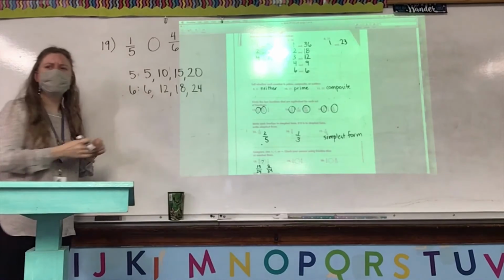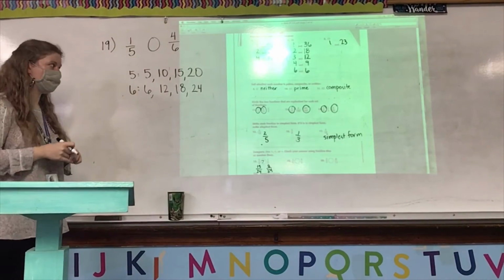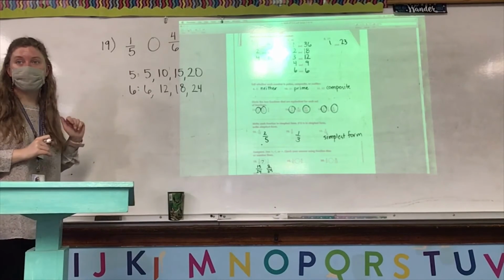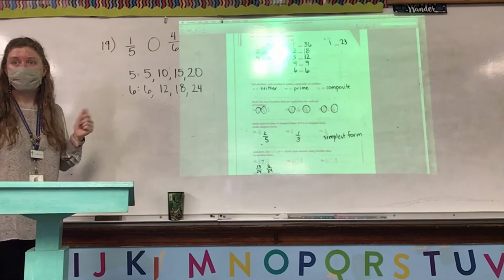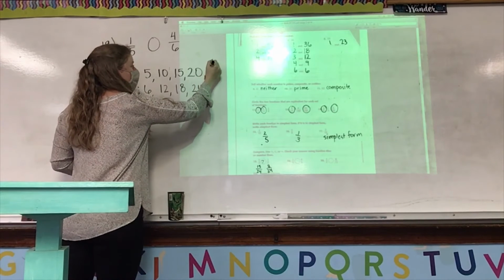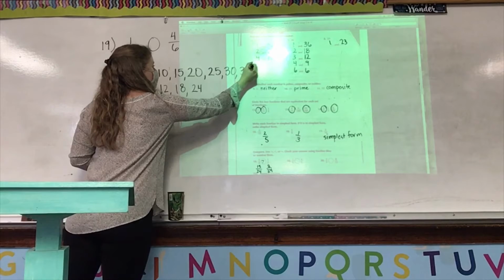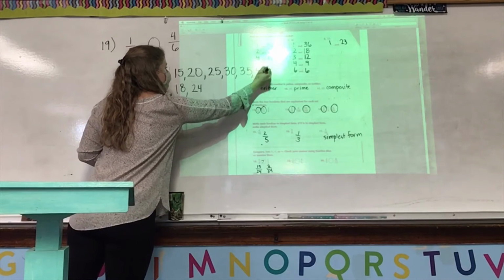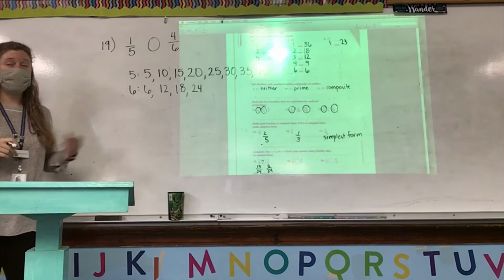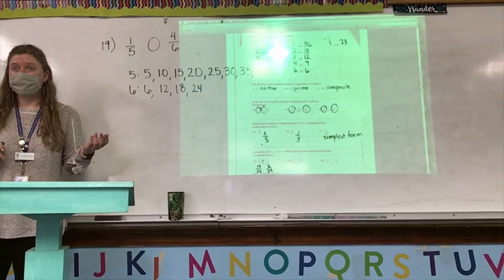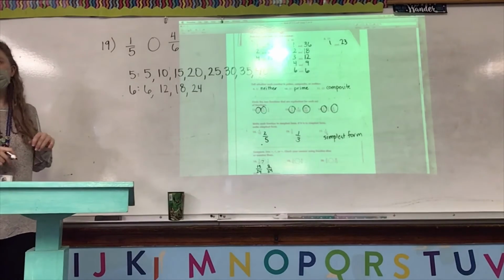Have we found one yet? No. Let's list 4 more of the smaller number first. Which one's smaller, 5 or 6? 5. 25, 30, 35, and 40. Have we found a least common multiple yet? No. So let's list more of 6.